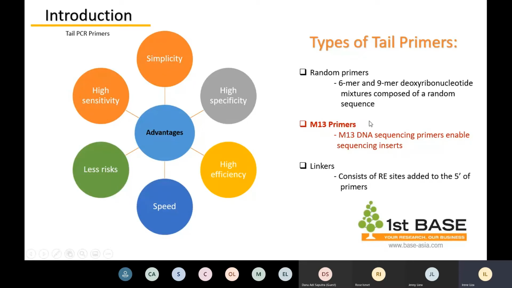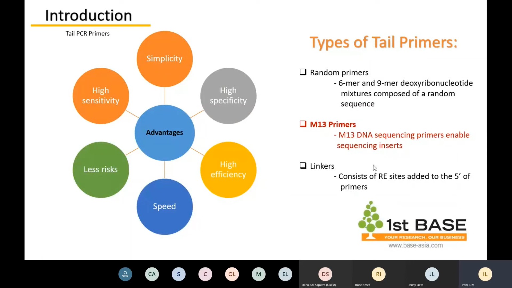Then for M13 primers, these primers are used in sequencing because you can actually target the sequencing inserts, which will be the topic that we'll be discussing today. We also have linkers as another type of tail primers. These linkers consist of restriction sites.